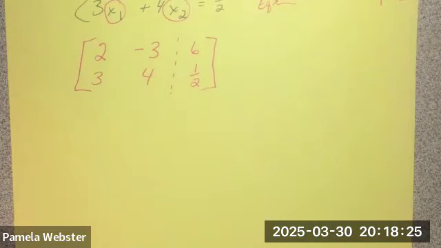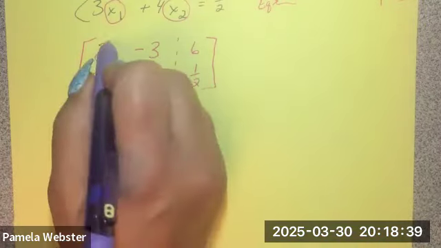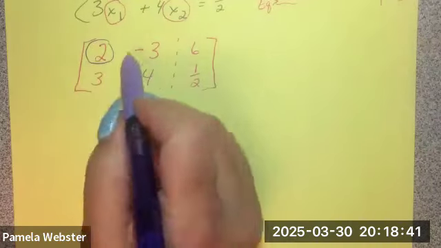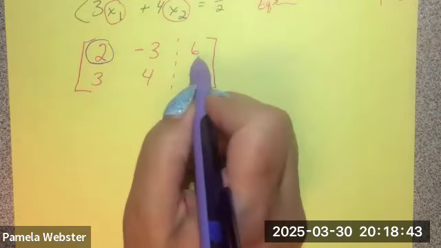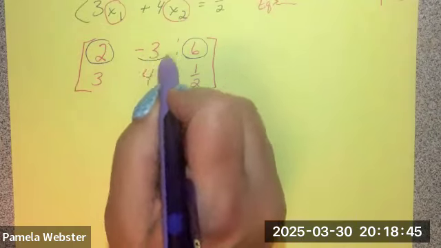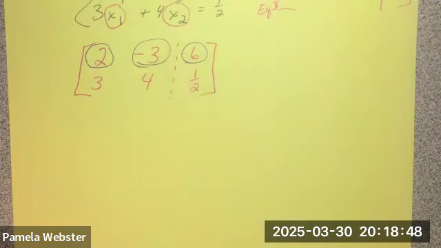Well, I want to make this so I've got a 1 up here on the top, and they are not making this easy for me, right? Because when I look at this, I've got a 2 here. If I were to divide by 2, I'd be okay on the 6, but I'm going to end up with a fraction there.